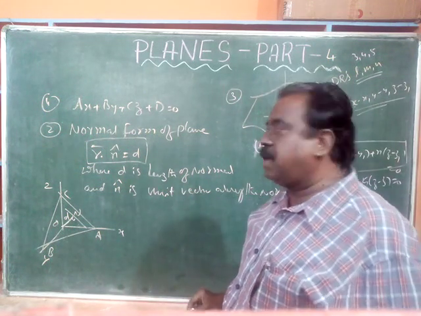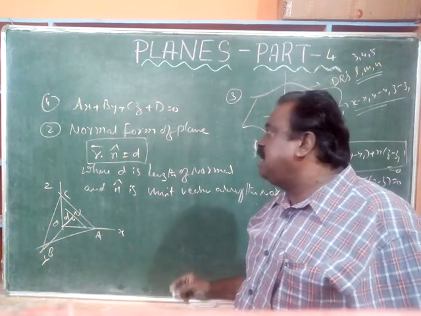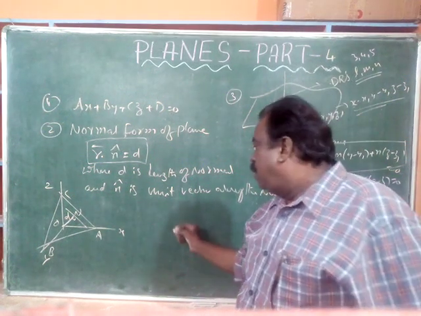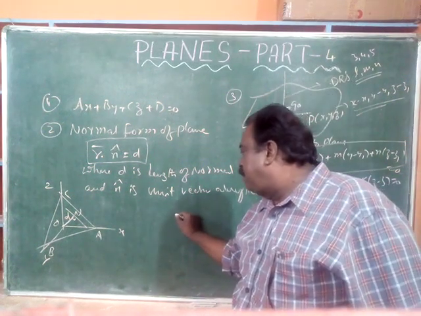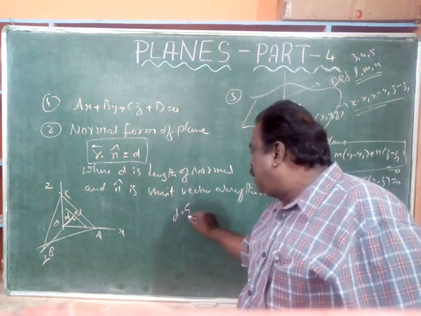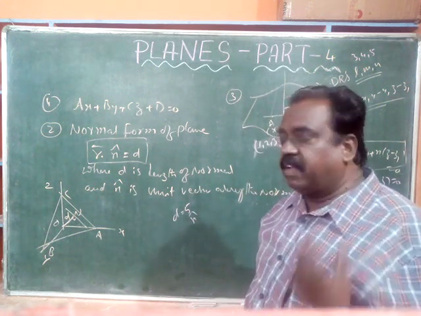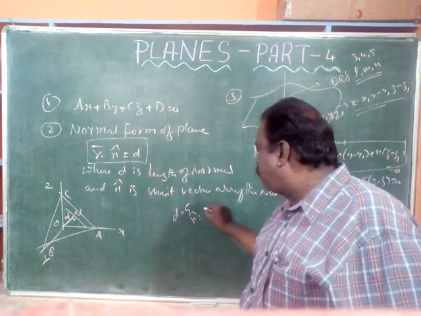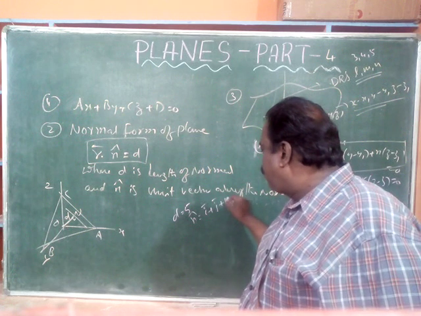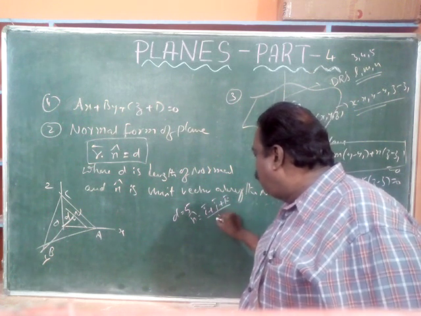But it is somewhat different, the second one, normal form. It is very clearly given. Find the equation of plane whose length of normal is d is equal to some 5 units and n cap is well given, a vector n cap is suppose i plus j plus k by root 3.